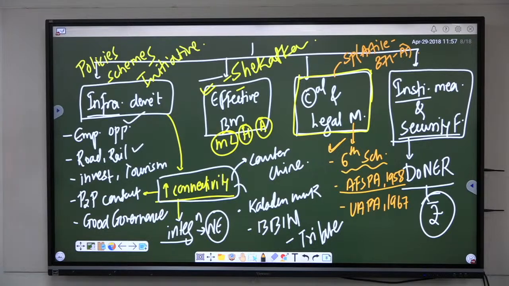These shall also help to bring development in the Northeast region.